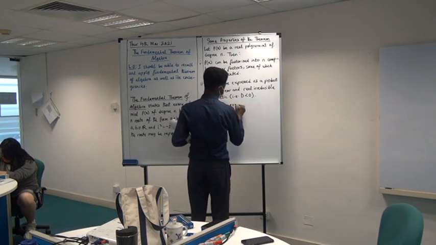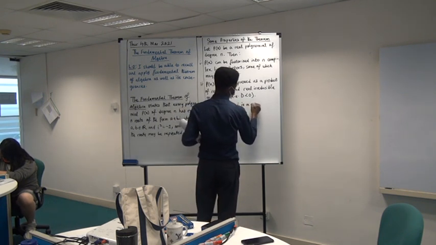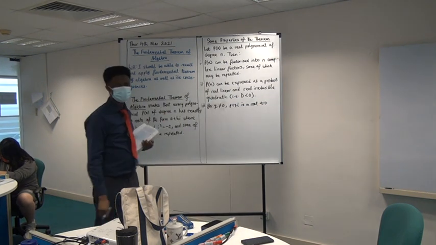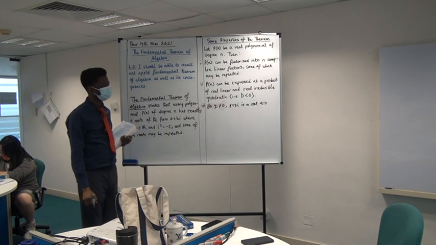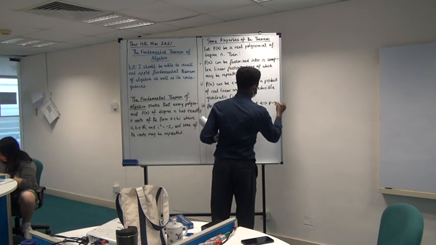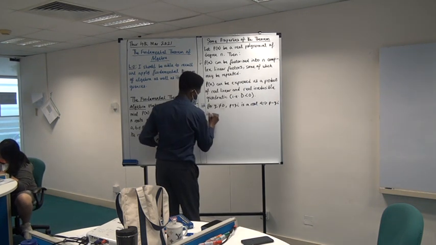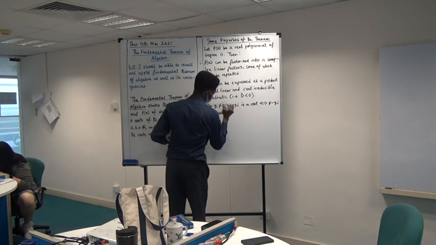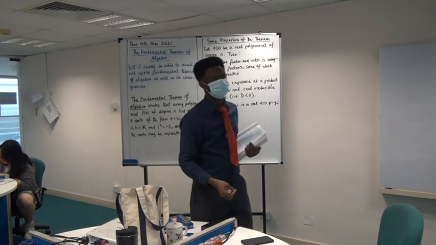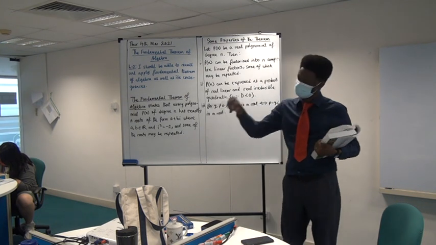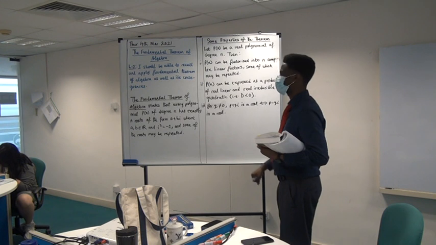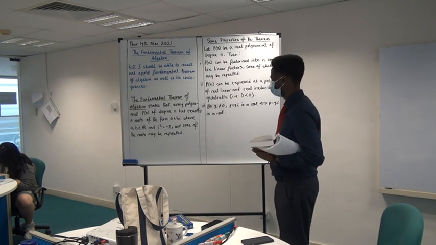How do I say this? p plus qi is a root if and only if p minus qi is a root. So it means if one root is a complex number, the conjugate is also a root. Okay, the conjugate is also a root. That's what this is talking about.